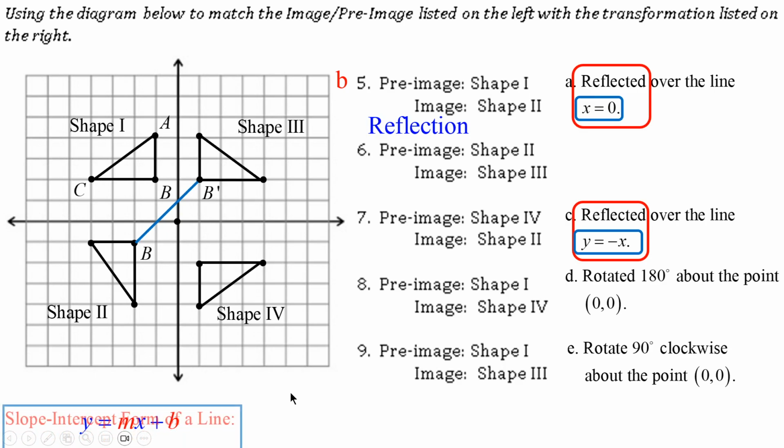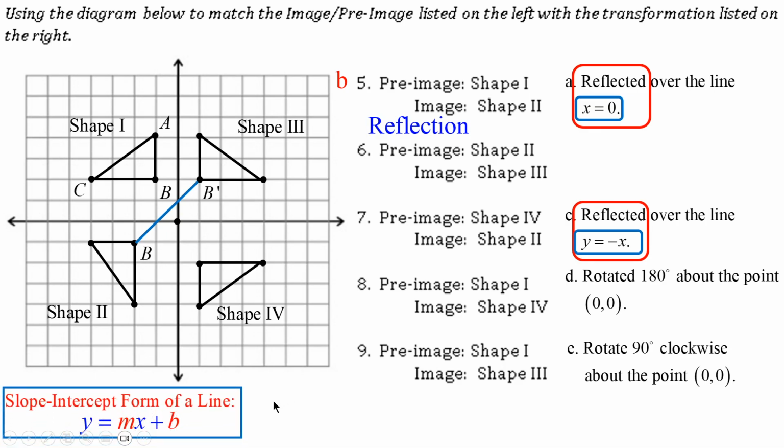Y equals negative x. Well, some of you still struggle seeing this until you put it in slope-intercept form. Do you agree that y equals negative x is the same thing as y equals negative 1 over 1 x plus my y-intercept b, and that's going to be a y-intercept of what? 0.